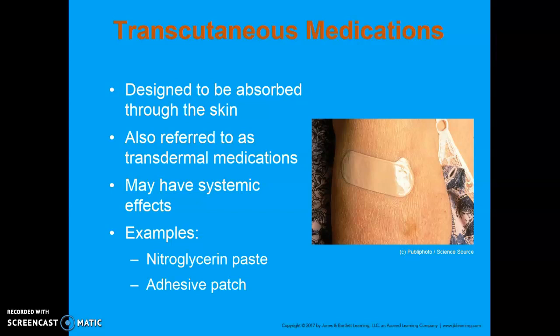Examples are nitroglycerin paste, or it's medication that is put into a gel that goes onto the skin. You can have a nitroglycerin patch. You can have nicotine patches, pain medications, fentanyl patches are huge, and also some contraceptives. So birth control that is in a patch that you place on the skin.